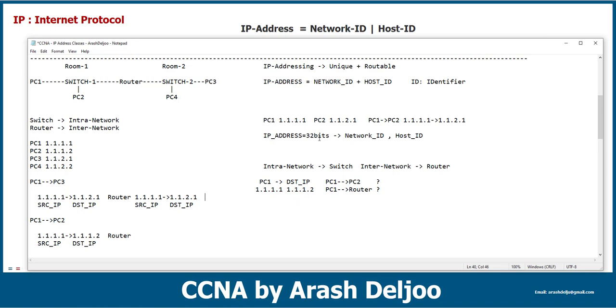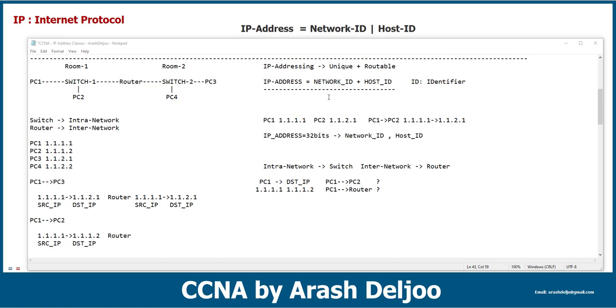Because of that, one of the most important questions about an IP address is which part of the IP address is the network ID and which part is the host ID. Why do we need the answer? Because according to it, PC1 or any device can forward the traffic directly to the destination, or can use this information to send the traffic to the router for finally forwarding traffic outside of the network.